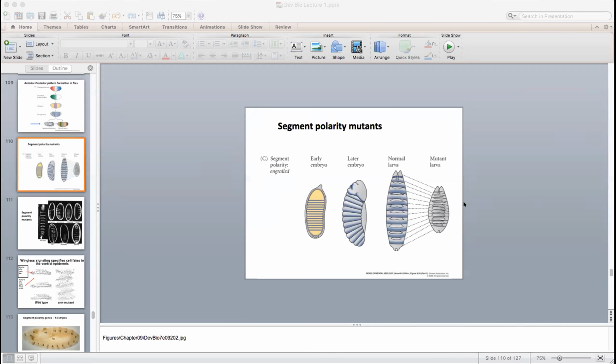They found these 150 different mutants that affected this. So what they were doing essentially is scoring these cuticle phenotypes. Now this is a wild type first instar larvae with the different cuticle, with 8 abdominal segments and 3 thoracic segments.